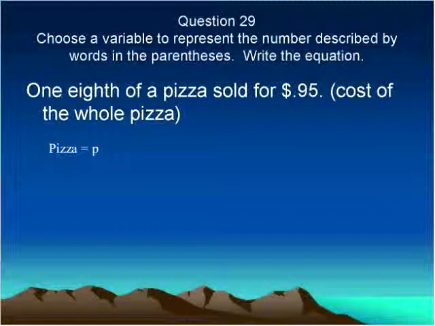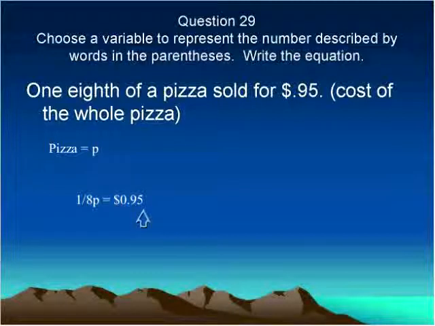Let's make sure I write this down properly. 0.95. There we go. So our variable is P. A whole pizza will cost P. 1/8 of P is equal to 95 cents. The cost of 1/8 of the pizza is 1/8 of P, or 1/8 times P.